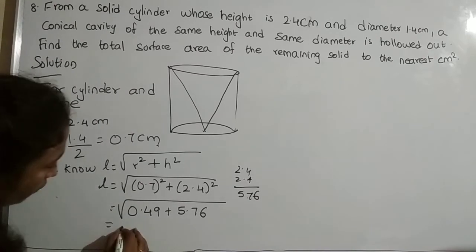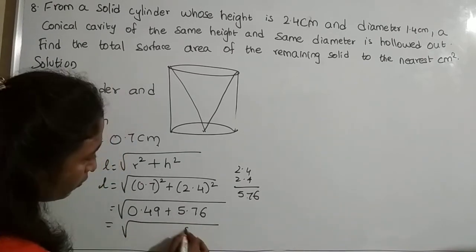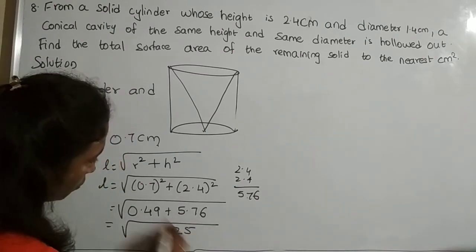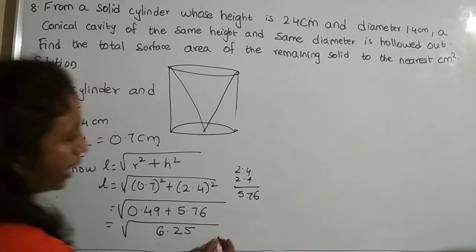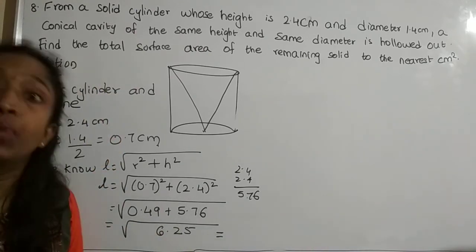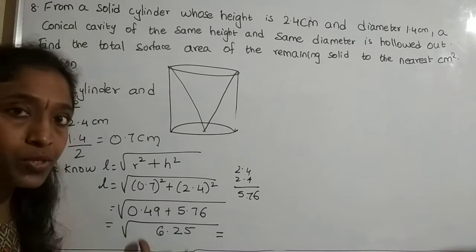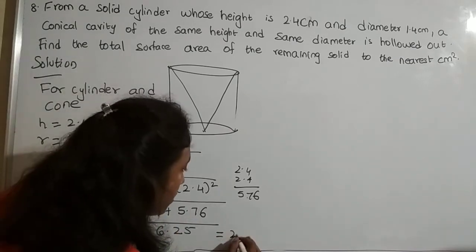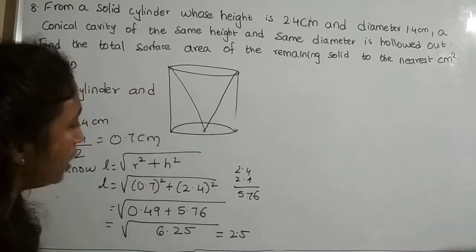When we add, we get 6.25. We know the square root of 625 is 25, so this is nothing but 2.5 centimeters.